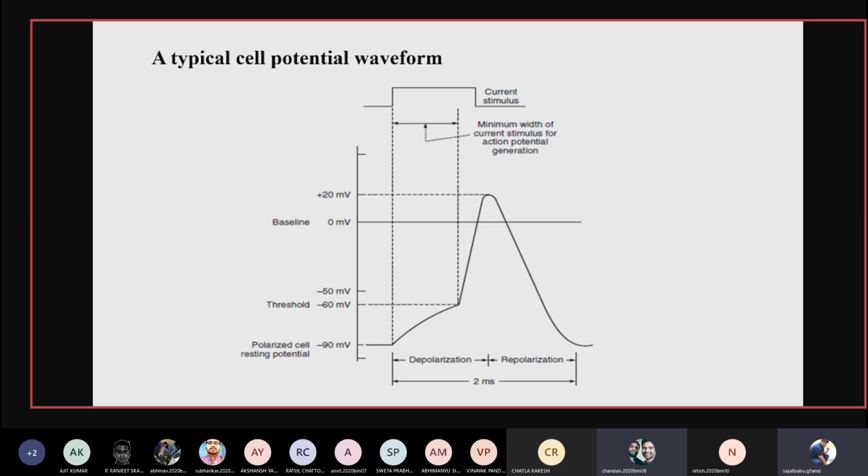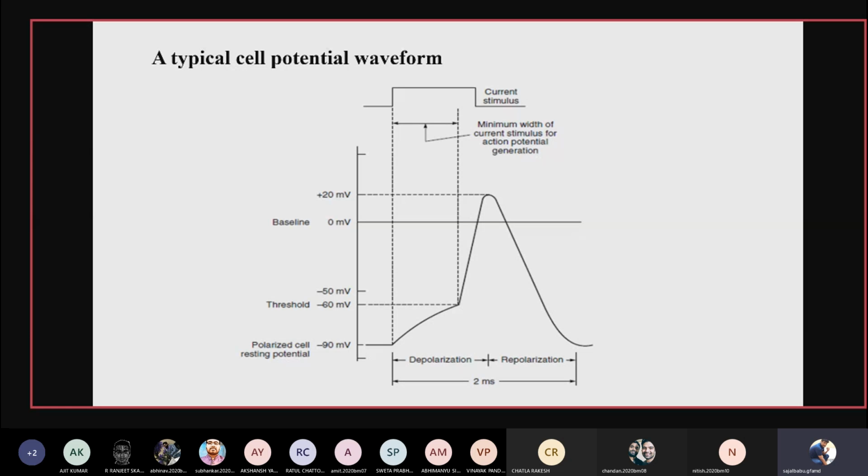No, normally what happens, if you are measuring the cell potential, during the resting stage it will be minus 90 millivolts, and whenever it gets completely excited, it will reach plus 20 millivolts. During the excitation process, that means whenever it is getting depolarized, the voltage will start from minus 90 millivolts and reach plus 20 millivolts.